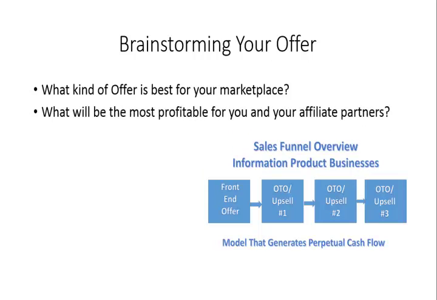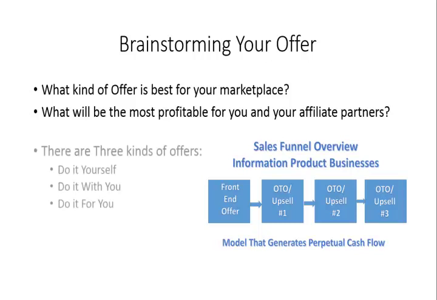You'll want to determine also, in addition to what's happening in the marketplace, regardless of your niche, what's going to be profitable for you and your affiliate partners. If you want your affiliate partners to bring traffic to you, you want to structure your offer in such a way that both you and your partners are going to be able to generate profit while at the same time providing maximum value to your customer.